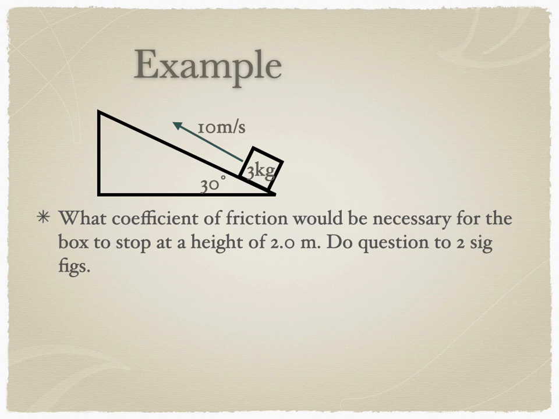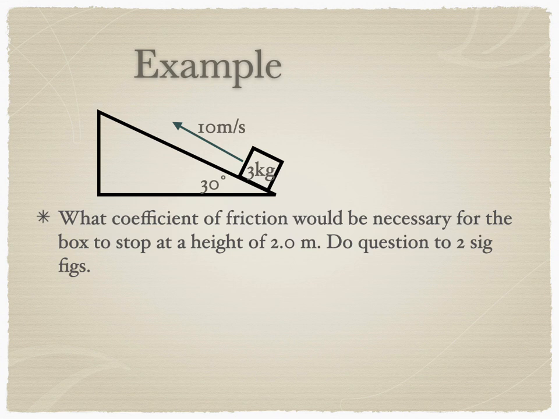Okay, so first thing I'm going to do is figure out what distance along the incline our box moves. Now we know it's going to stop at a height of 2 meters. So that would be the side of our triangle opposite our 30 degrees. So we have our opposite side. We want to figure out our hypotenuse.